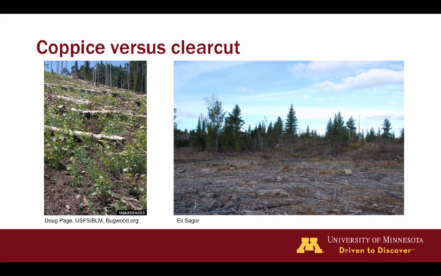So one aspect I do want to highlight is this term coppice versus clear cut. So coppice is a low forestry method. Coppice focuses on establishment regeneration using vegetative methods, so asexual regeneration. And in the Lake States, in the western United States, coppice works very well with aspen because it regenerates vegetatively.